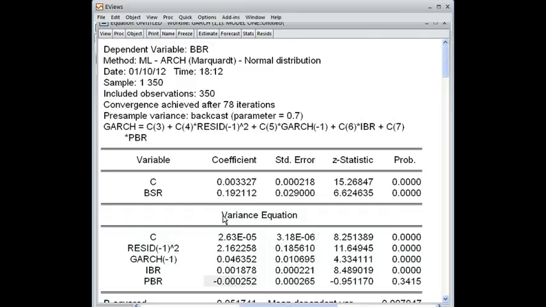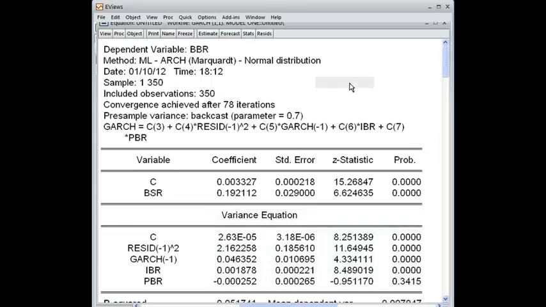So the GARCH model, or the variance equation, starts from C3 until C7. So this is the variance equation, and this one is the same thing.